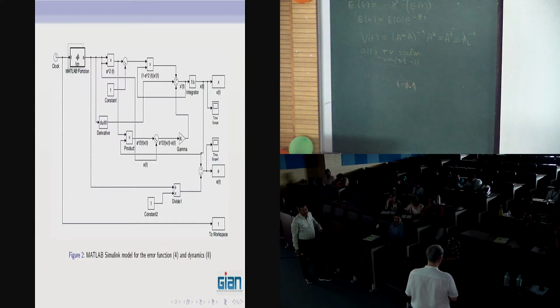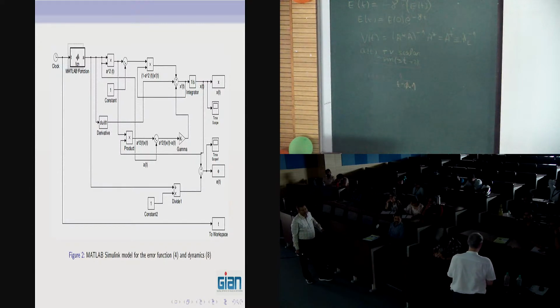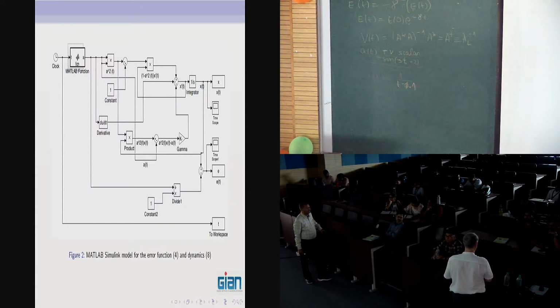Division by 0 is a difficult problem here. In one paper we added one small parameter, 10 to the minus 16, I think, available in MATLAB, but it only slightly skips this division by 0.